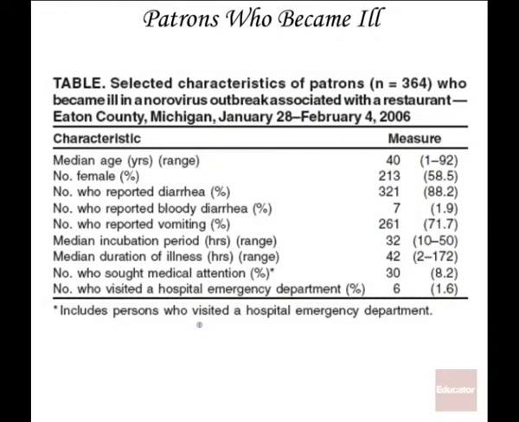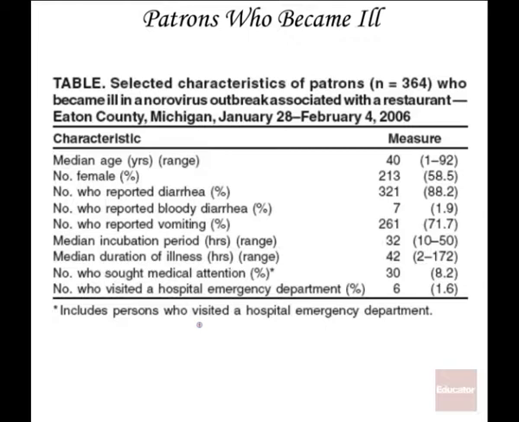So this is a description of the characteristics of the people who became ill. Median age was 40. They were mostly female. They had quite a high rate of diarrhea as the symptom. Some of the individuals had to seek medical attention, 8%, and some went on to visit an emergency department.